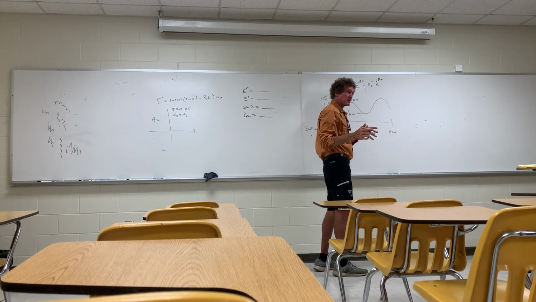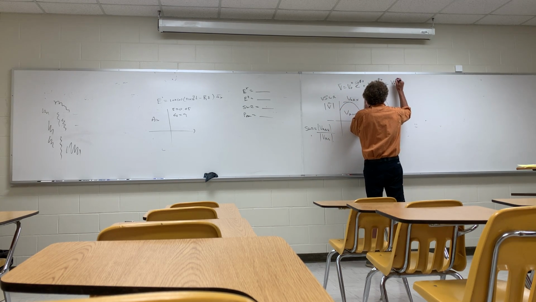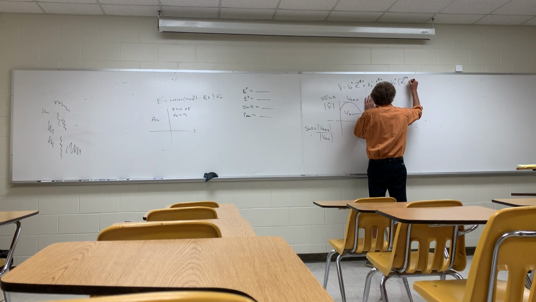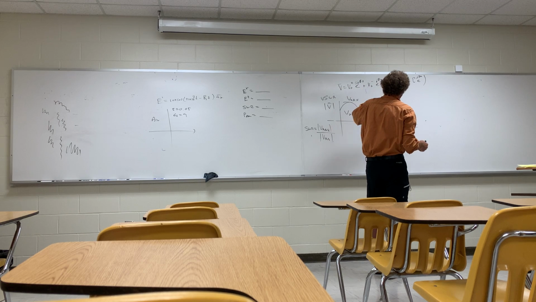Then what they usually did is break out V0 plus, and they had e to the minus j beta z plus the reflection coefficient at the load times e to the plus j beta z. And that was the voltage anywhere.